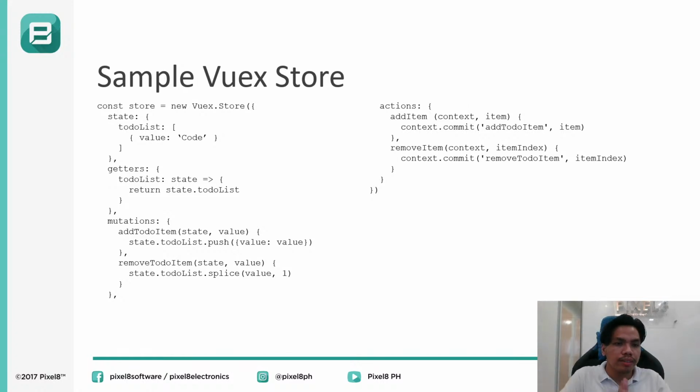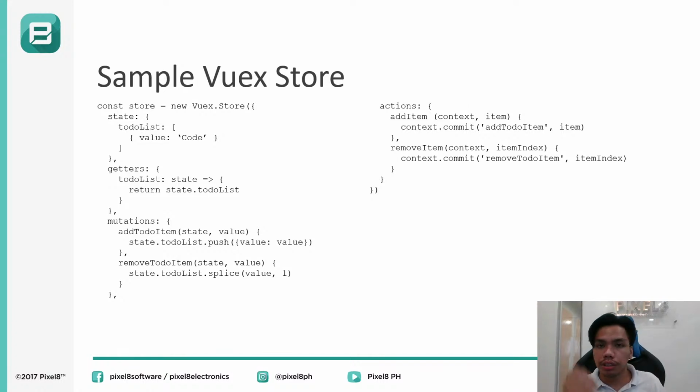Next, the getters allow you to fetch the values of this state in your Vue components. Meaning, your getters are the ones you call when you need to fetch data from the state. So that is the purpose of getters. Also, getters are reactive. Whatever the contents of the state are, that is what they feed back to the Vue components. Next, we have mutations.